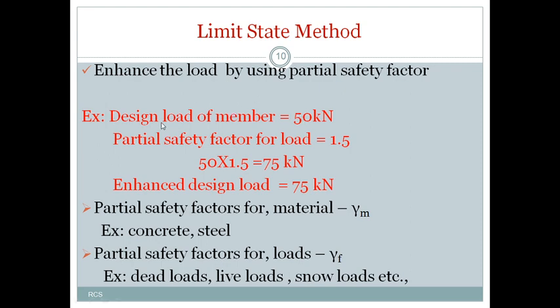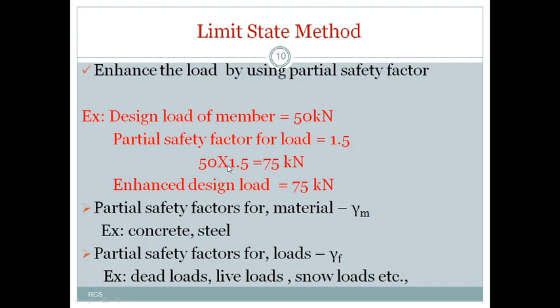Say, after assessing all the loads, the dead loads and live loads or any snow loads, you got the design load of that particular member as 50 kilonewtons. Here I am using the partial safety factor of load as 1.5. Then I enhance the actual load by multiplying by the factor of safety 1.5.